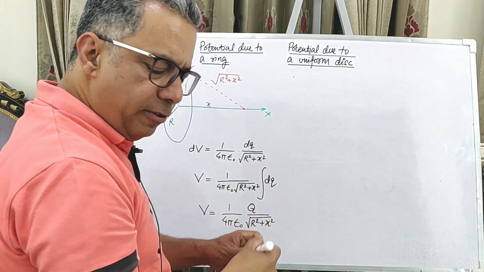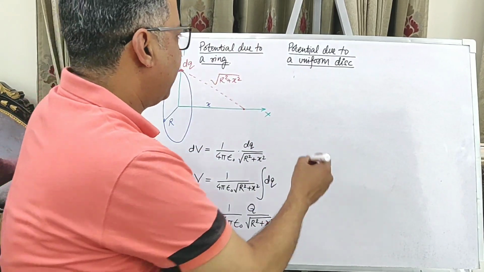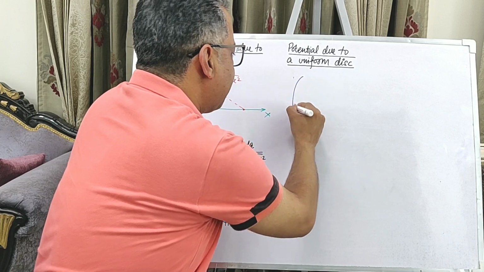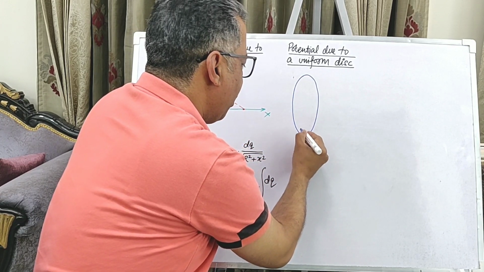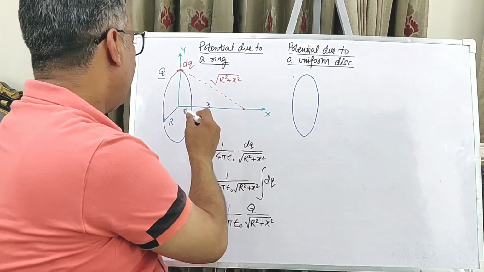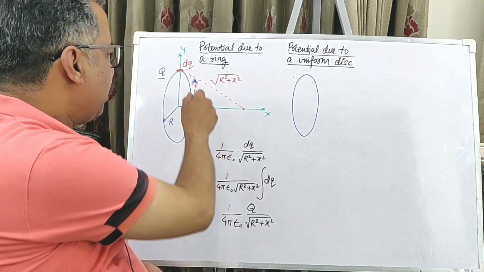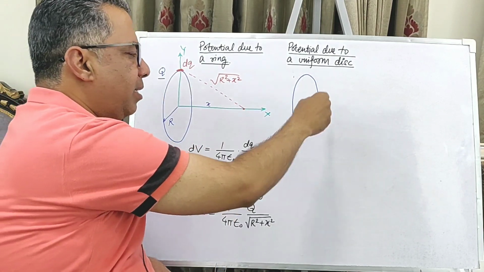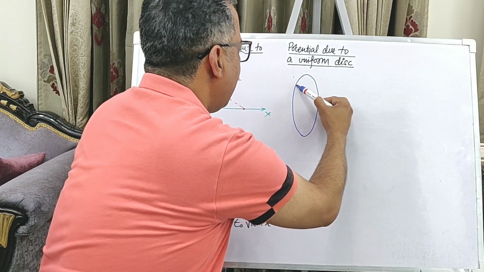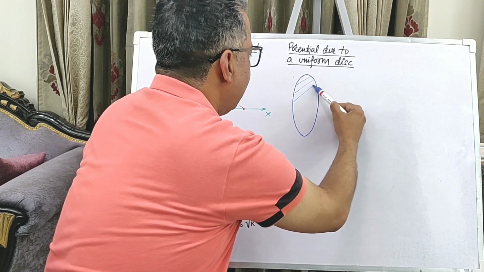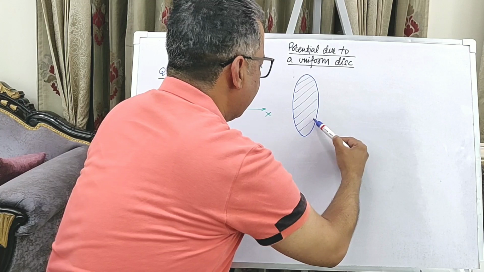Now the difference between a ring and a disk is that the disk has charge distributed all over it, on the entire area, whereas the ring has a charge only on the circumference. The disk has a charge on the entire area. So just to indicate that fact, I'll do a little bit of shading here. The disk carries charge all over its area.